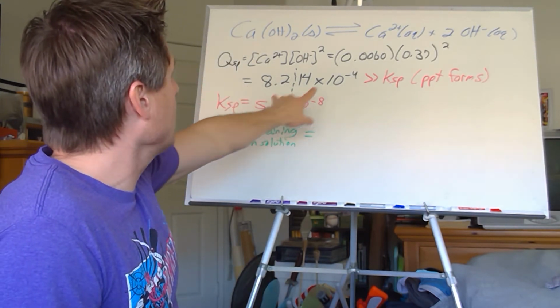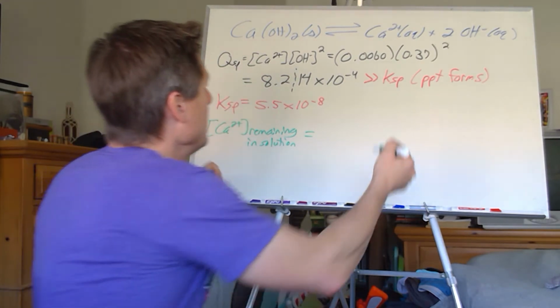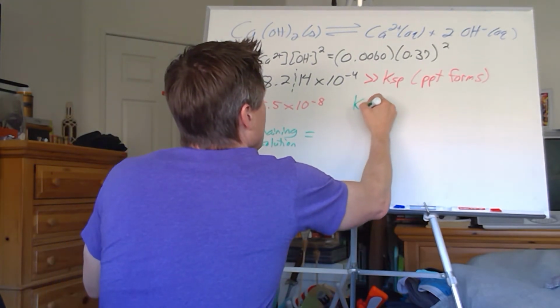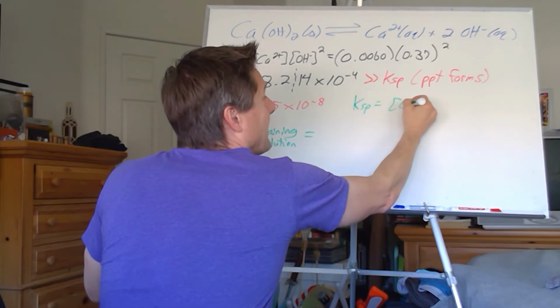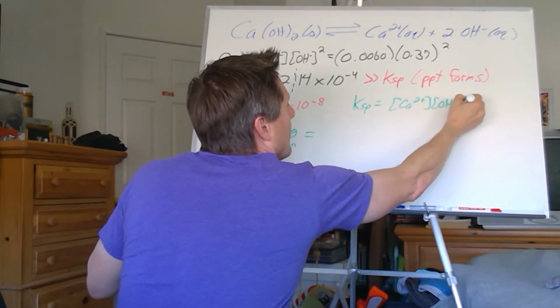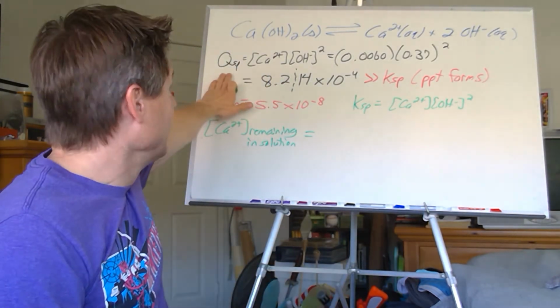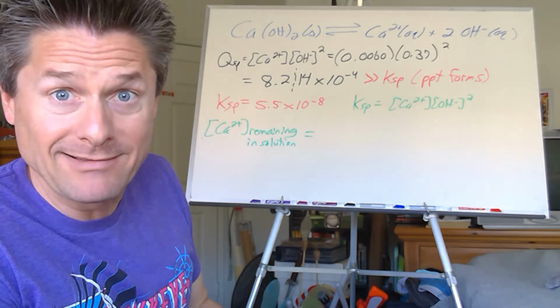Well, let's use our KSP expression right here. KSP is exactly the same as the QSP, so I'm being redundant here. We don't really need to write that because we have it right there. Q is when you're not at equilibrium, K is at equilibrium.